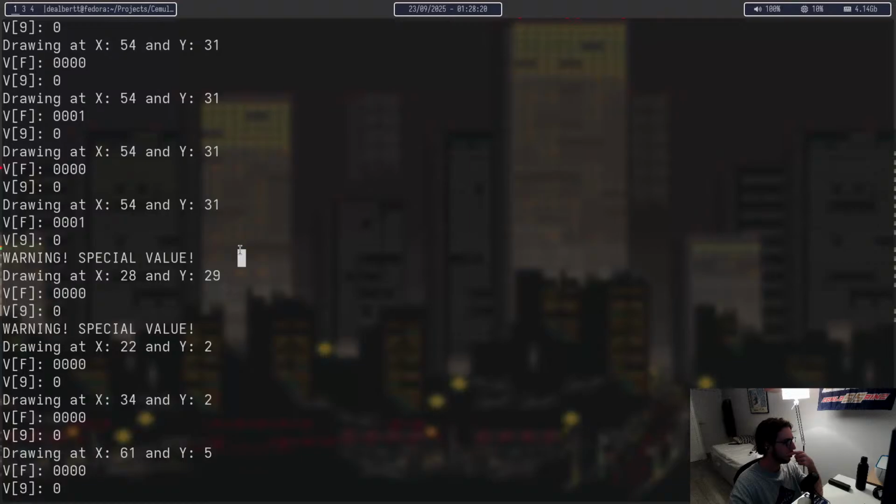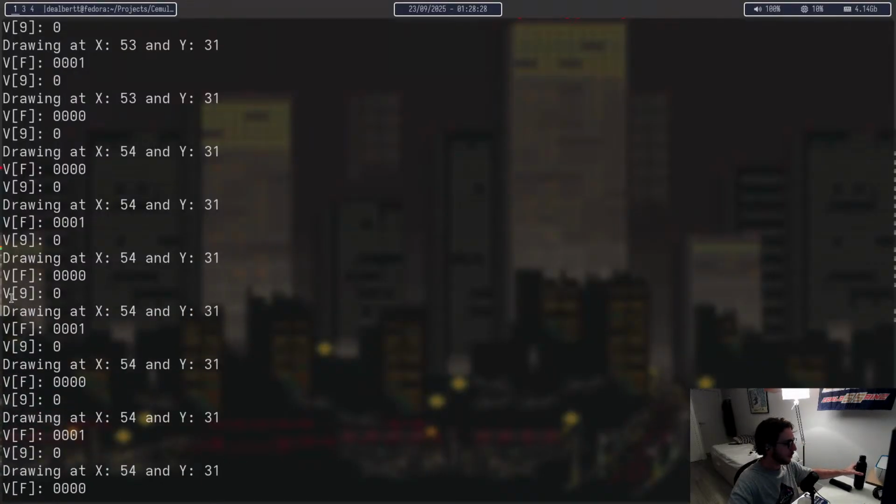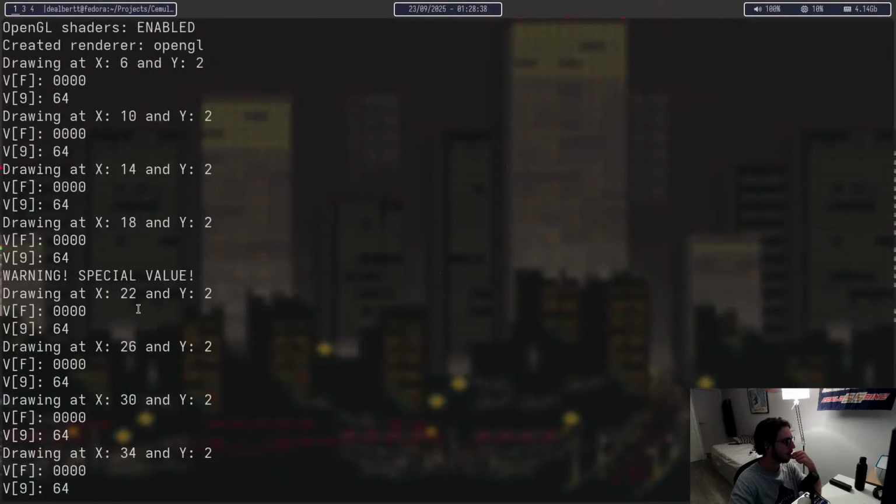But for example, in this case, it's not incremented B9. I don't know what it's supposed to be doing, so I think I'm already going out of my way, but yeah.